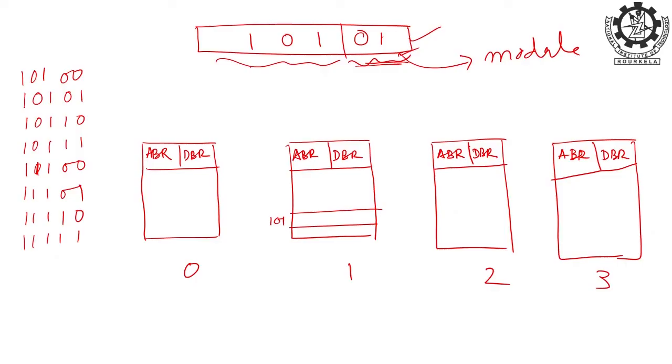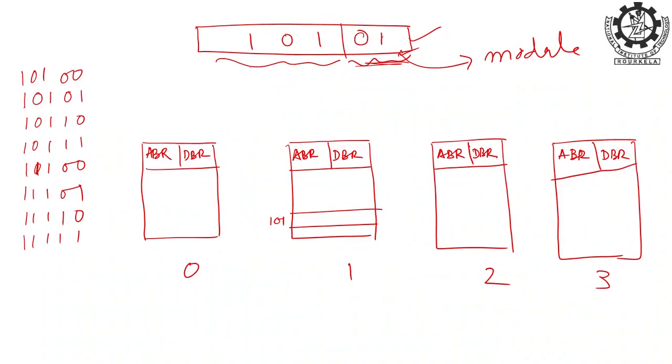The entire memory will understand that this word is located in a memory module, that is 01. The CPU may access, as I said, by the locality of reference, spatial locality, the next location also.